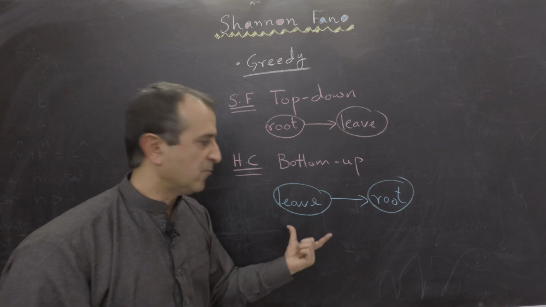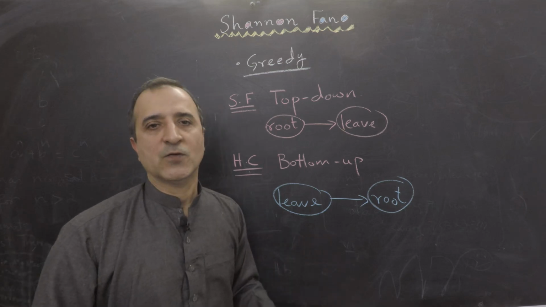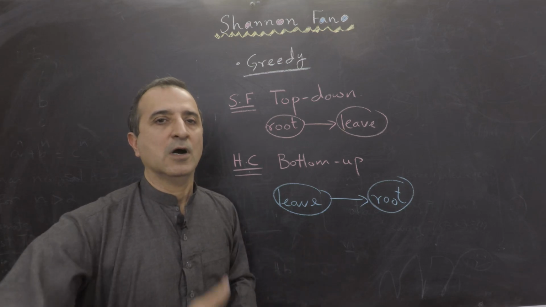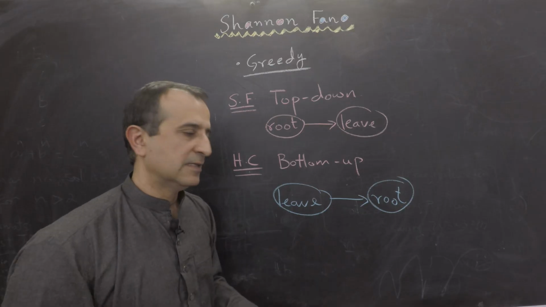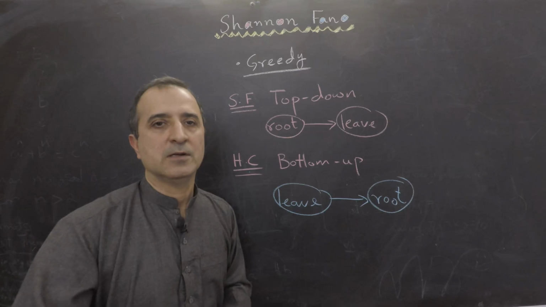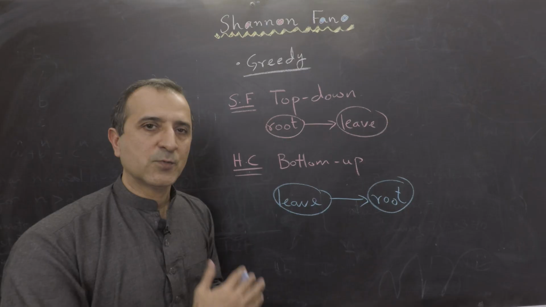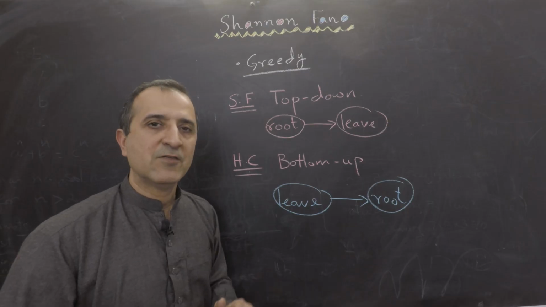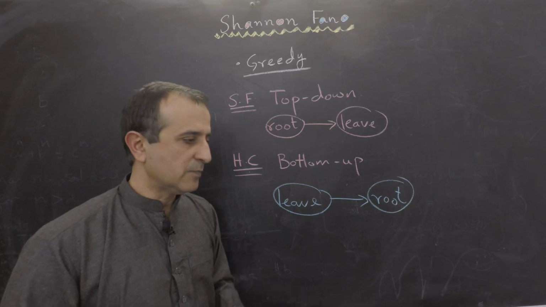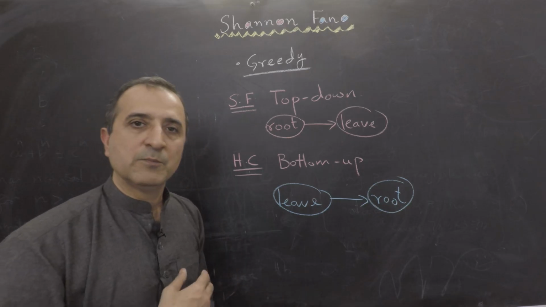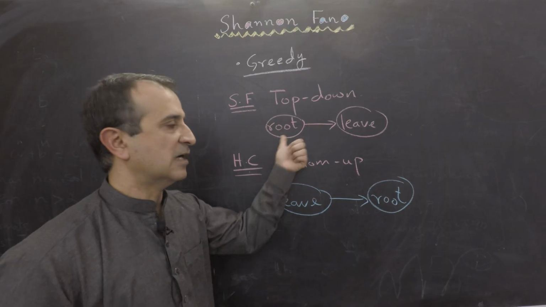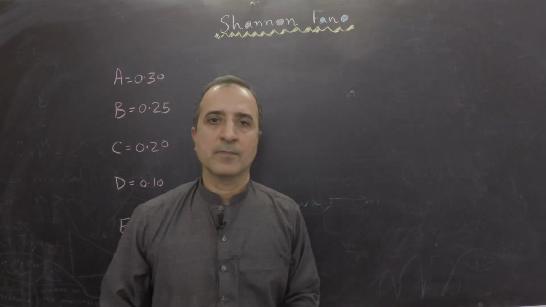However, in case of Huffman coding, local optimal choices translate into a global optimal solution, thus giving us an optimal overall solution. So let's clear the board and do an example so that everything is crystal clear. And in the example, we will also make a prefix tree, which will start from the root and go towards the leaves.